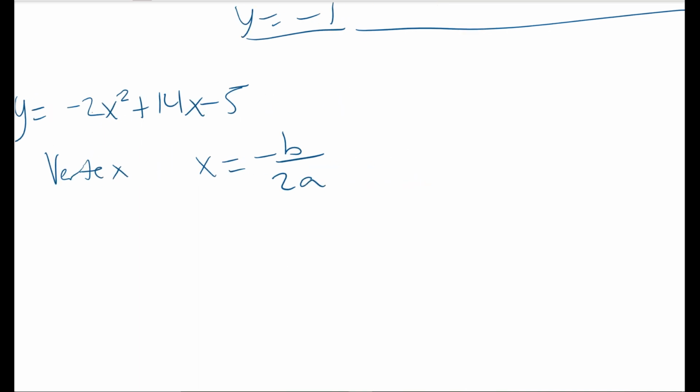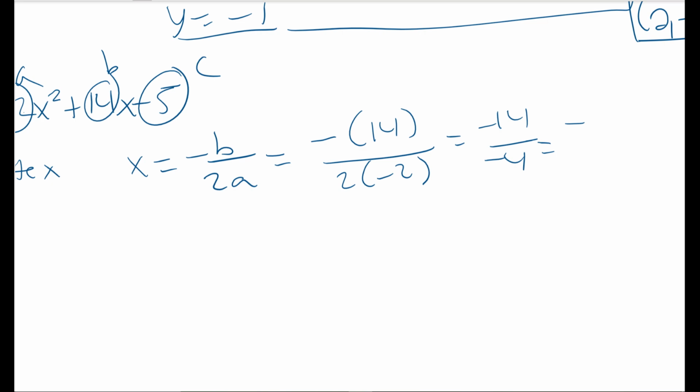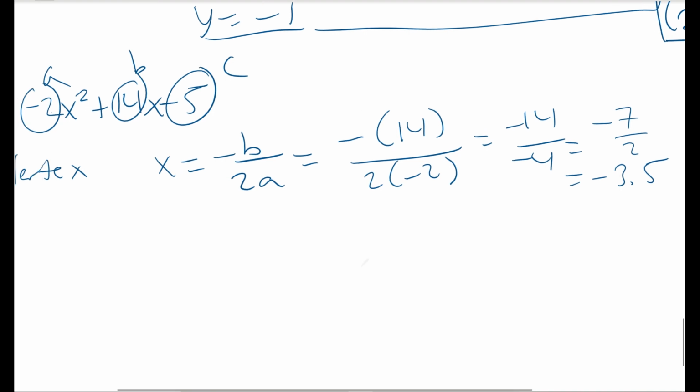A is negative 2, b is 14, and c is negative 5, but you won't need c here. You'll just need a and b. So we have negative 14 over negative 4, which reduces to negative 7 over 2, which as a decimal is negative 3.5. I'll just do it as a decimal this time.